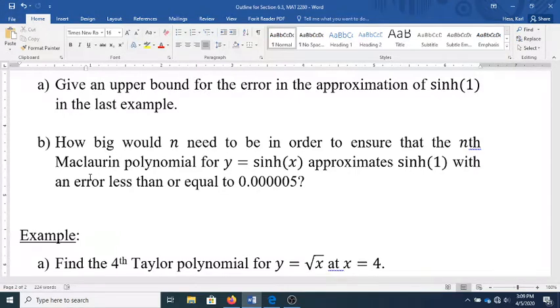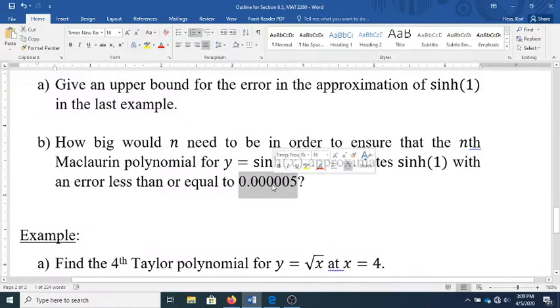5 terms is enough to make sure the error is less than 0.0018, so really less than 2/1000ths. But how many terms would I need to be sure that my error is less than, say, 0.000005?